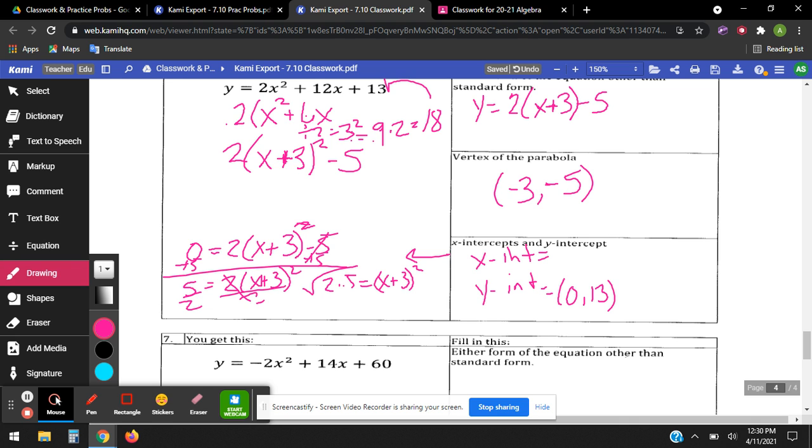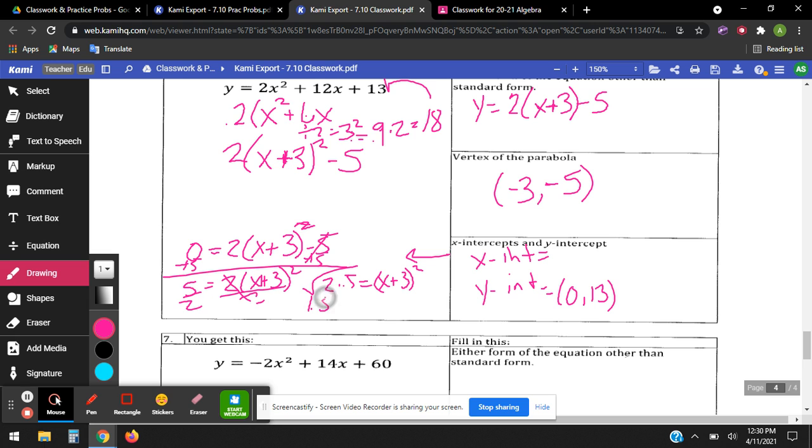Square root of 2.5. Calculator's being finicky. Okay, so 2.5, the square root is 1.58. I'm just going to round.